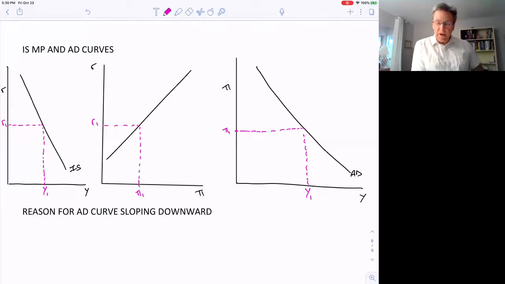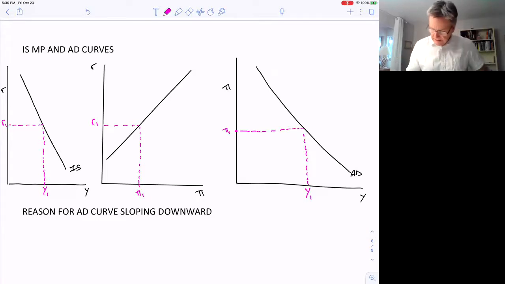Now, what I want to show you here is that as I change the inflation rate, it'll move along the aggregate demand curve. If inflation goes up, output will decrease, meaning that it's downward sloping.